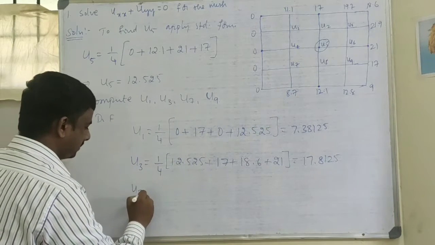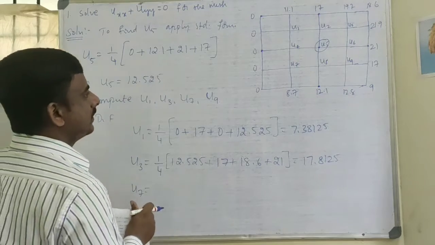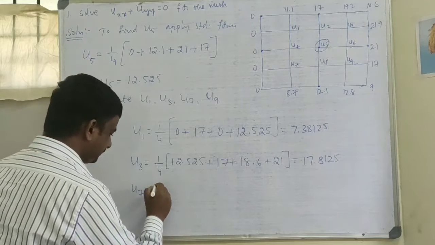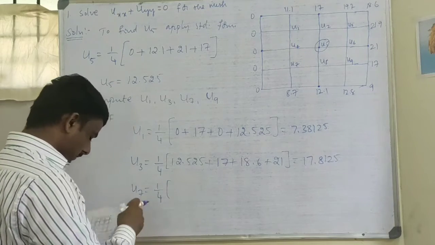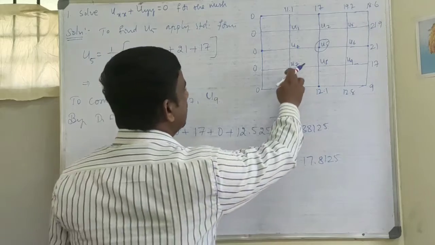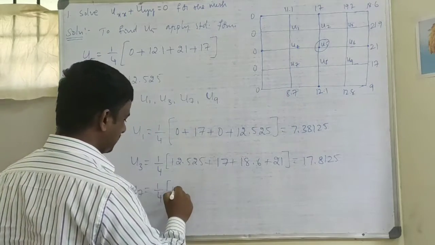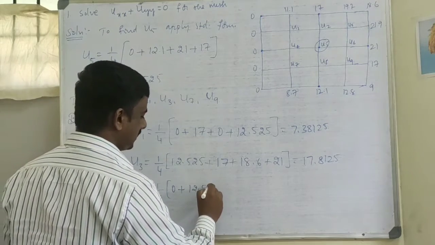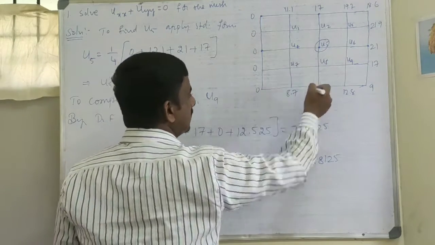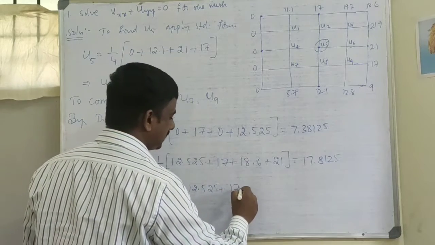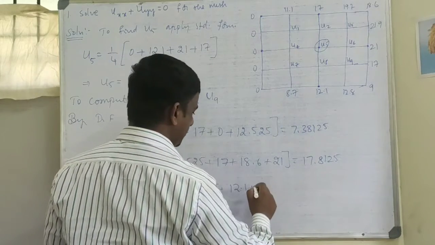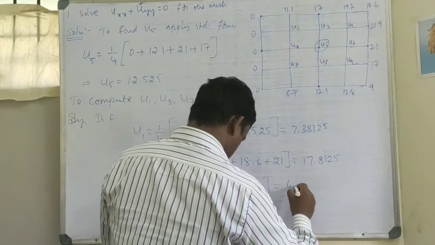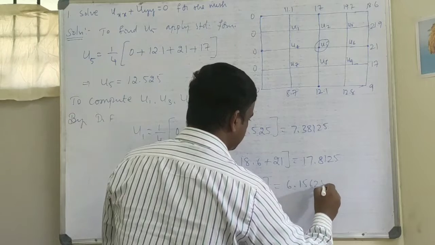u7, so that is 1 by 4 times, diagonals are 0 plus u5, that is 12.525, plus 12.1 plus 0, so that is 6.1562.